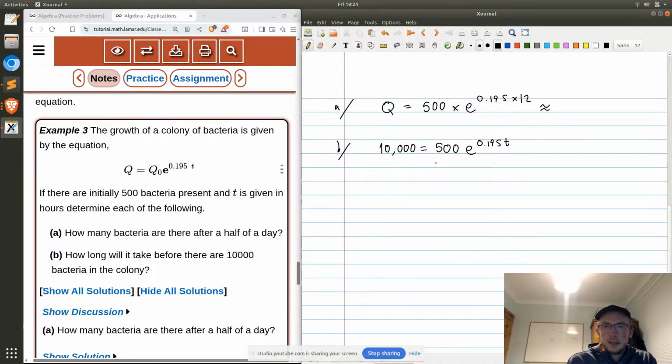And the way I do that is 10,000 over 500, which is 20. And then natural logarithm of both sides. And then both sides divided by 0.195. All right, so calculate.